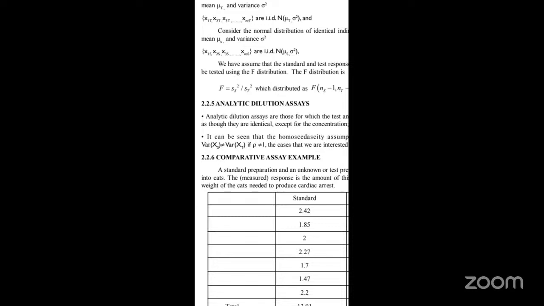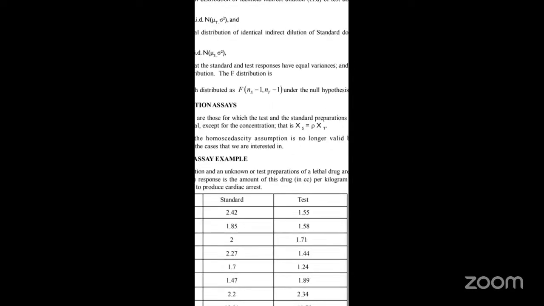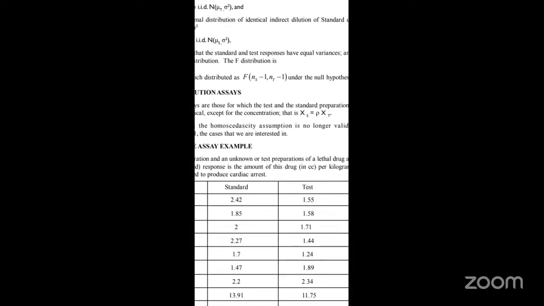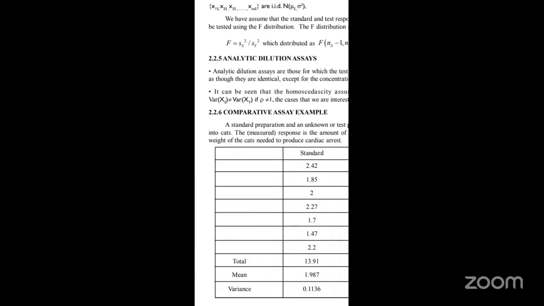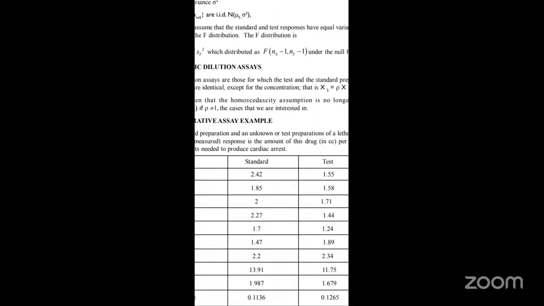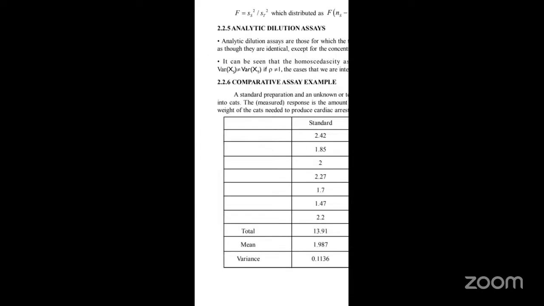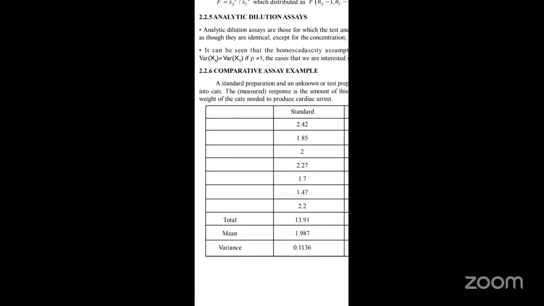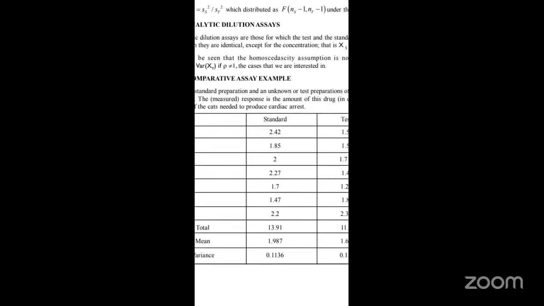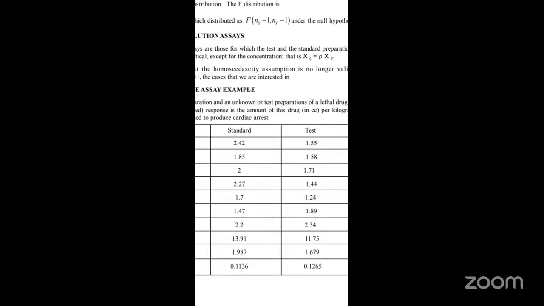Analytical dilution assays are those for which the test and the standard preparation behave as though they are identical except for the concentration, that is x equals rho x_r, where the variance of x is not equal to the variance of x_r, and rho is not equal to 1. These are the cases we are interested in, where we compare standard and test measurements.